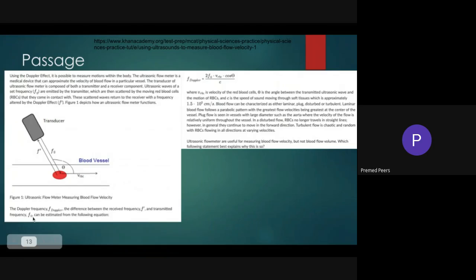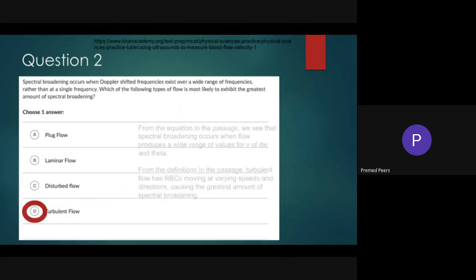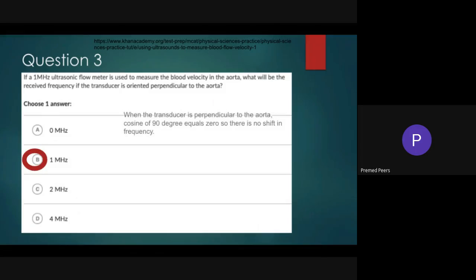So what you're given is a transmitted frequency, 1 megahertz, and the question is asking you for received frequency. Oh, okay. So I guess there was one more step. Yeah, so F Doppler from cosine 90 gets you 0, and then F Doppler is the difference. So if the difference equals 0, the received frequency will be the same as the transmitted frequency.